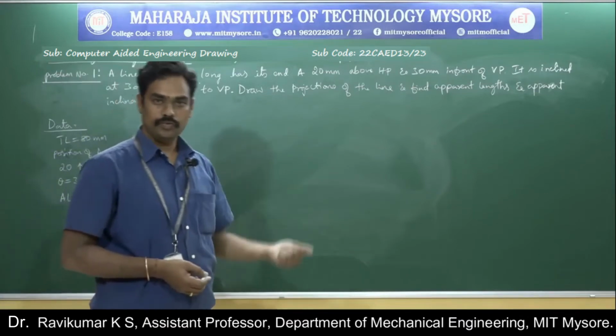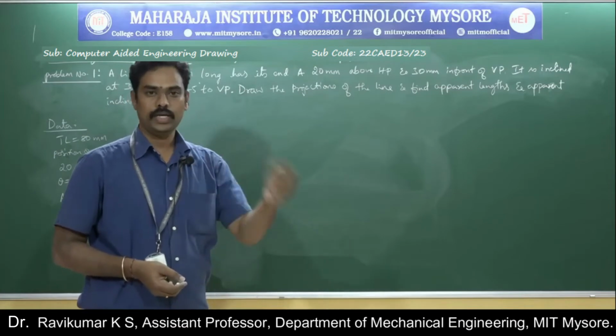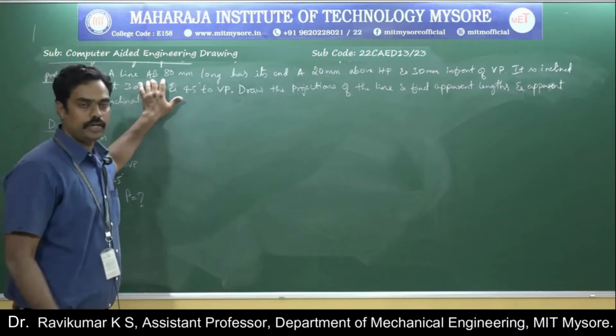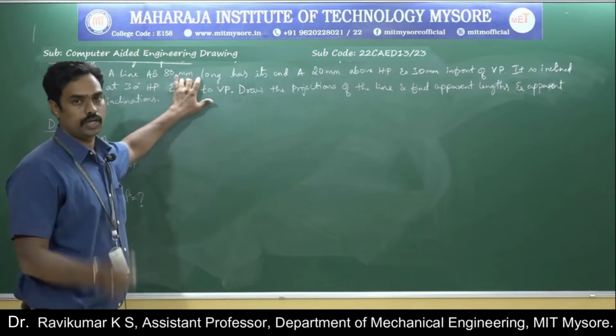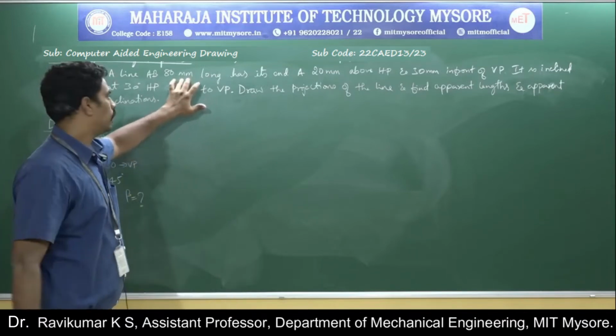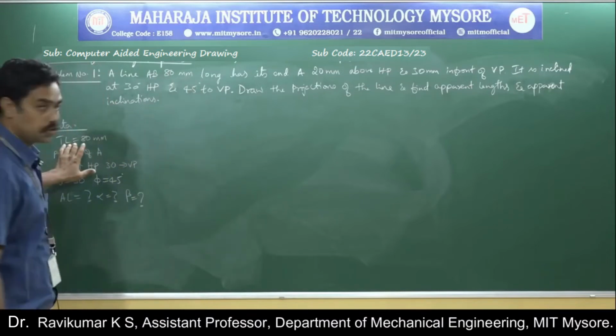So with respect to a view, if the dimension is given, then it will be the apparent length. Here it is just given directly, like a line AB 80 mm, so you need to consider it as true length. No views are associated with this length, therefore it is true length.